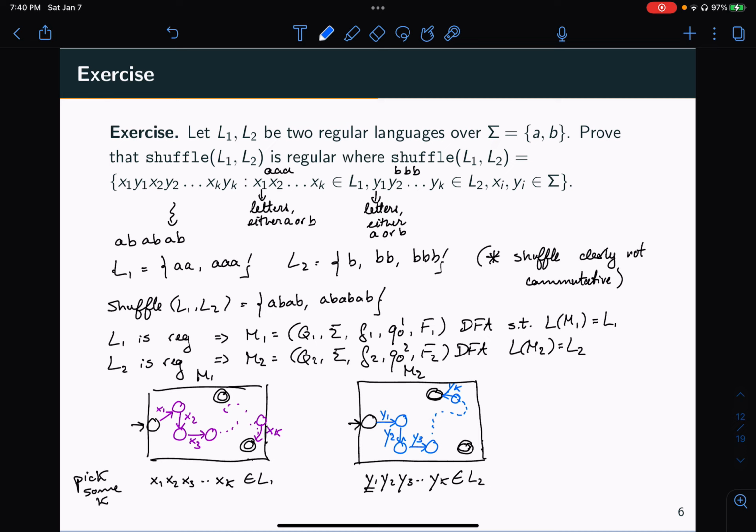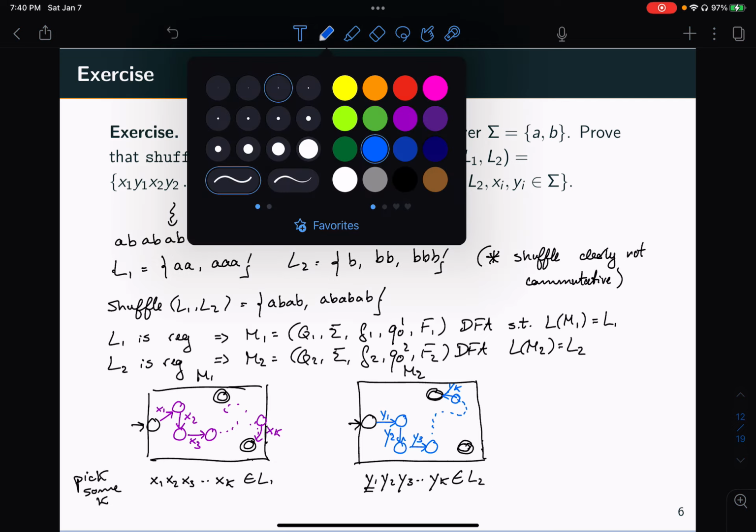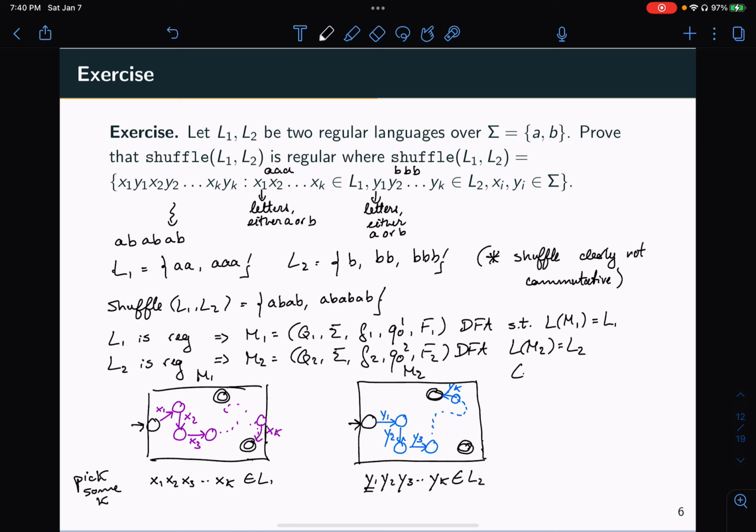Okay, so how can we actually create a machine M prime that accepts the shuffle of L1, L2?